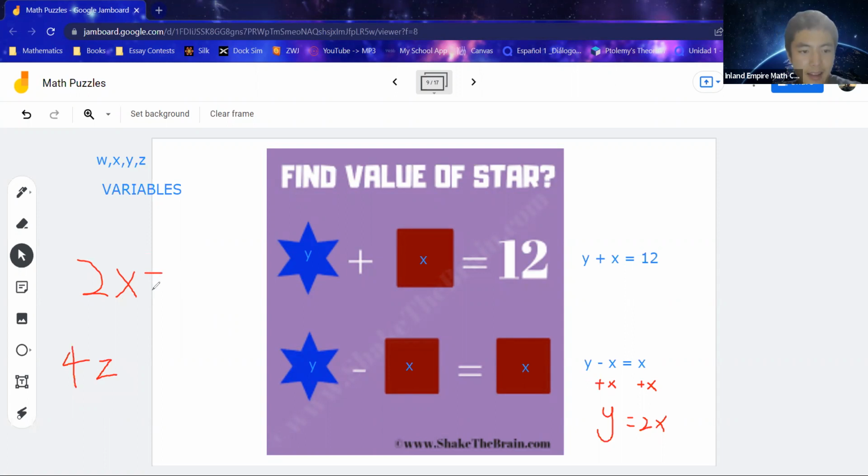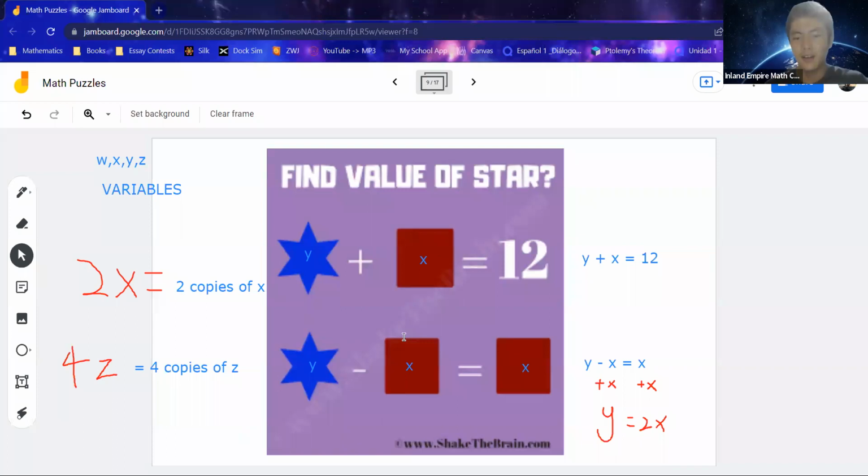It's just saying that there are 2 copies of x. So again, if x were an apple, this would mean that you have 2 apples. So 4z just means that there are 4 copies of z. There's 4 z's. Very simple.